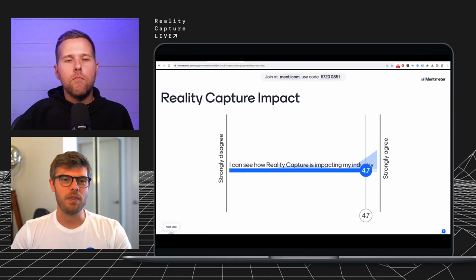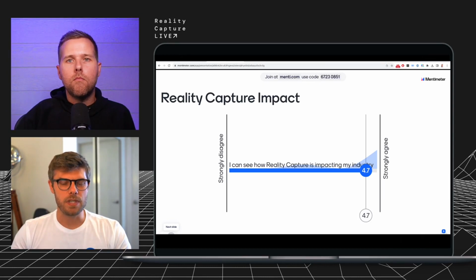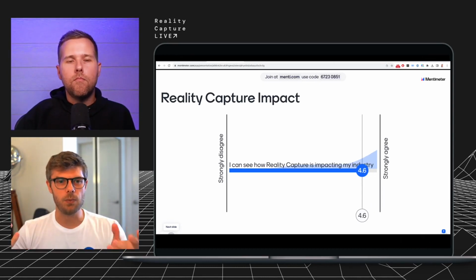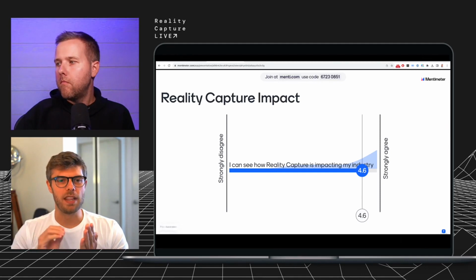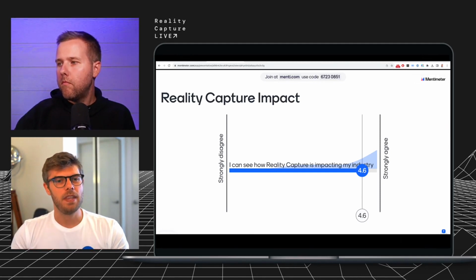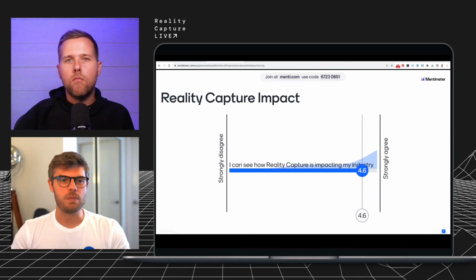And so the biggest impact that I see is you're taking what's oftentimes subjective. A person goes out there, they see what they see in the world, they pay attention to the things that they care about, and they write it down in their notebook, capturing what they think is important at the time. Reality capture gives you this ability to take this awesome snapshot.